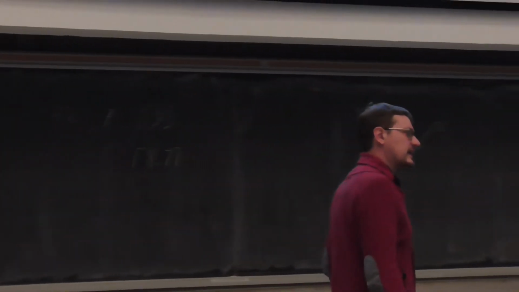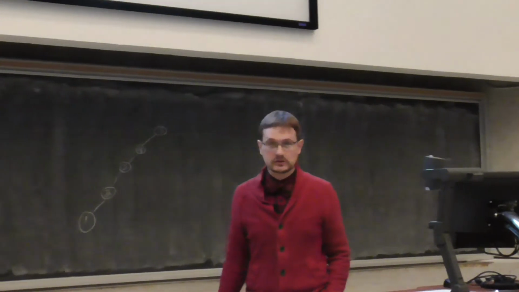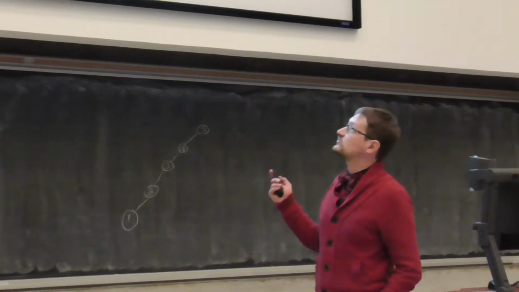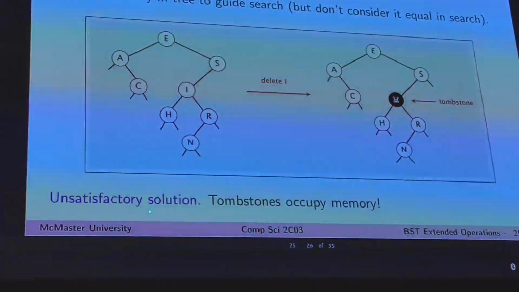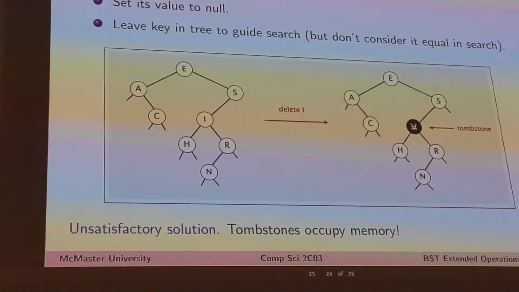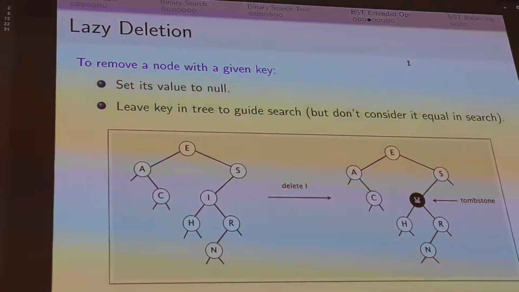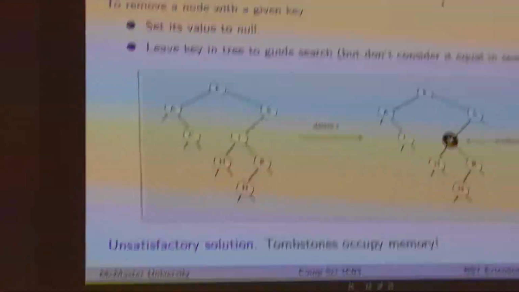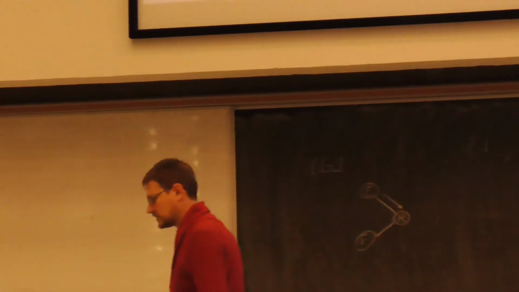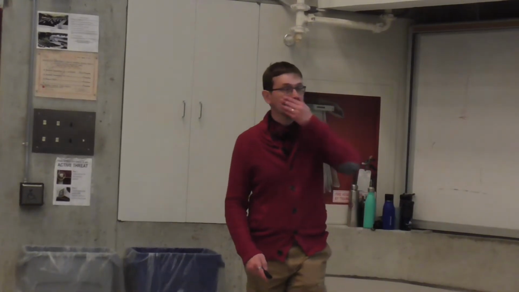This node would then still guide the binary search, right? You don't have to restructure the tree. But this is an unsatisfactory solution because they occupy memory. Basically, this means that your binary search tree would only ever grow, which is not necessarily optimal. Make sense? It would work though for a period of time.